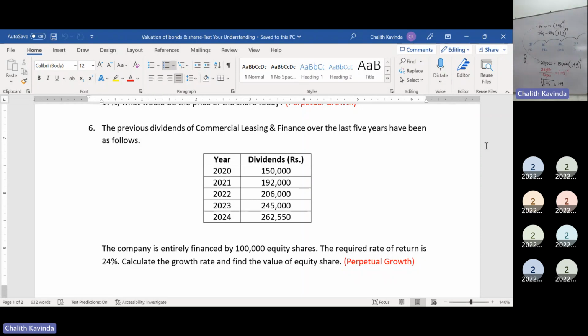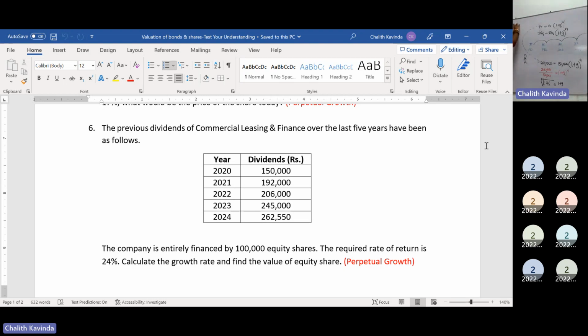Is it how much? 262,550. But here we are getting what? Dividend per share. Accordingly, number of shares has been given. That is 100,000 equity shares.